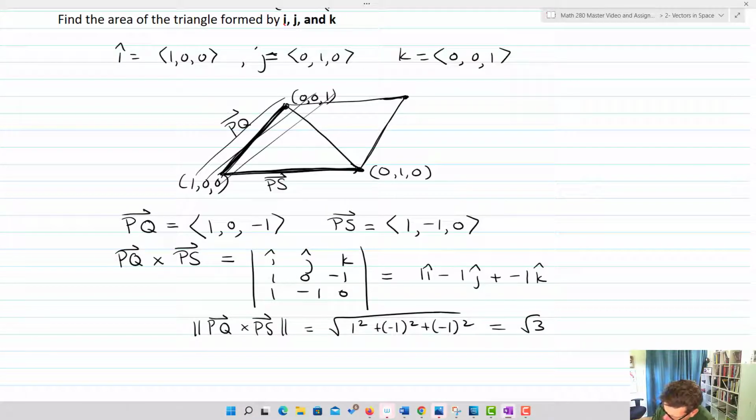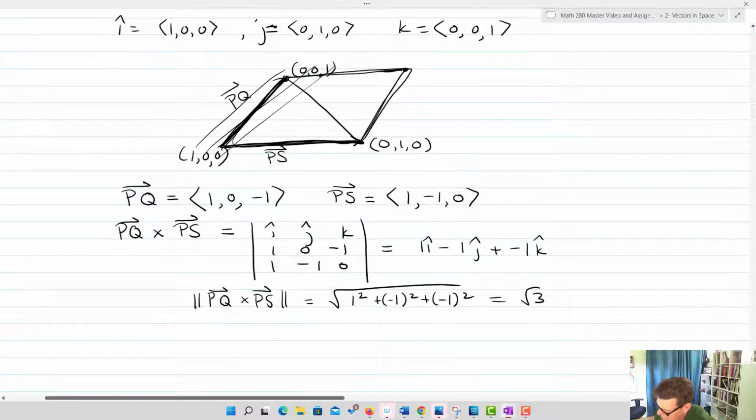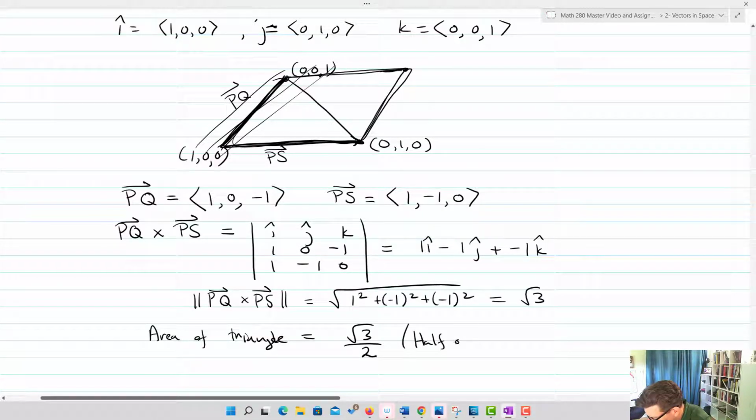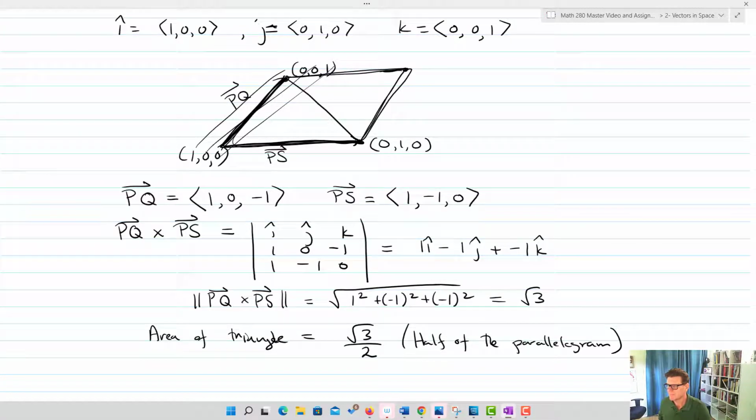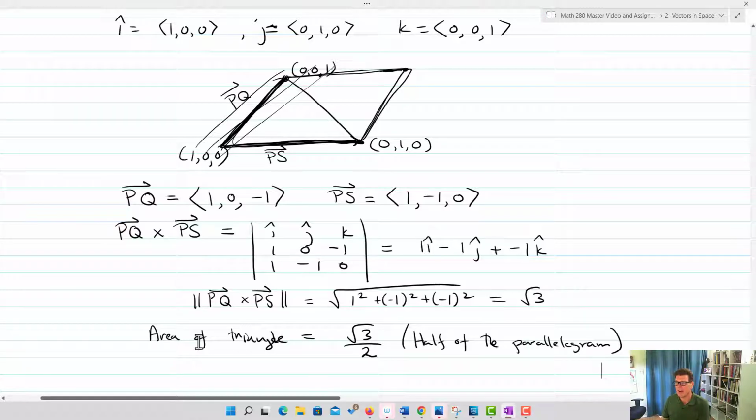And so that is the area of the parallelogram. But we only want the area of the triangle, so we need to divide it by 2. The area of the triangle equals root 3 divided by 2, because it's half of the parallelogram. And that's another application of finding the area of parallelograms with our cross product.